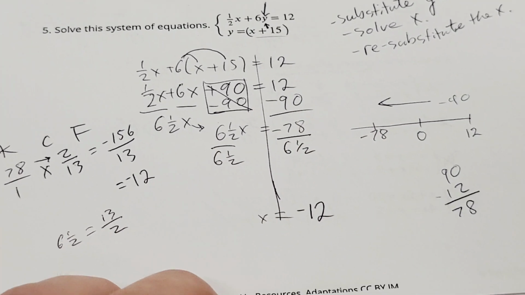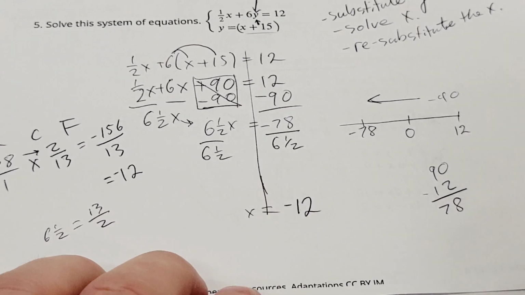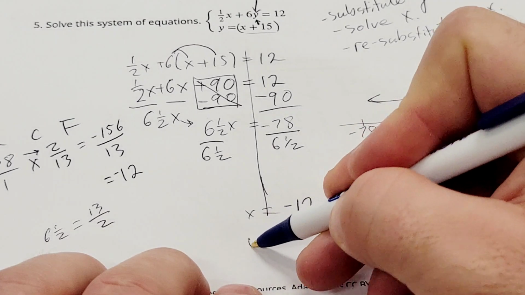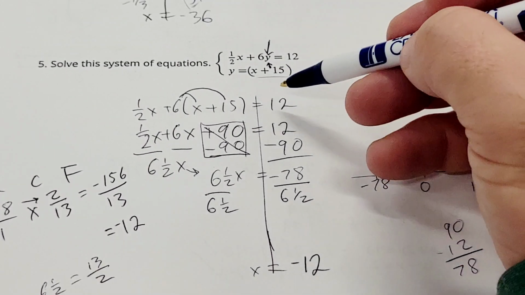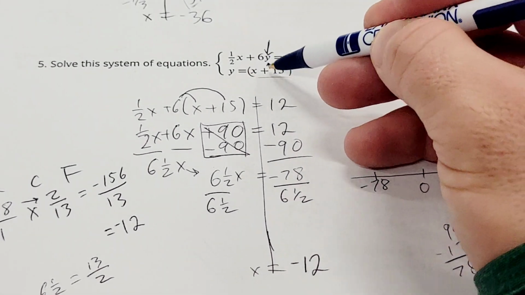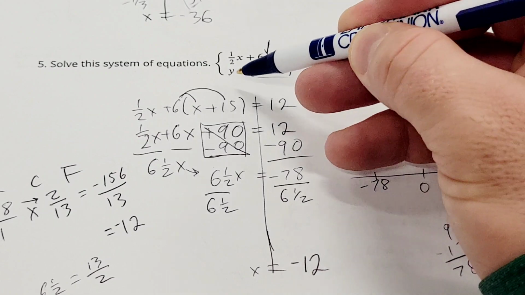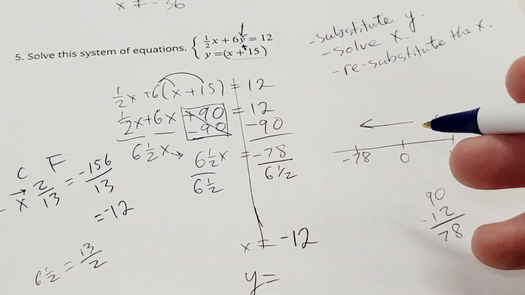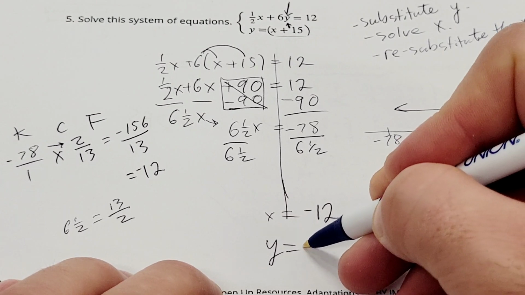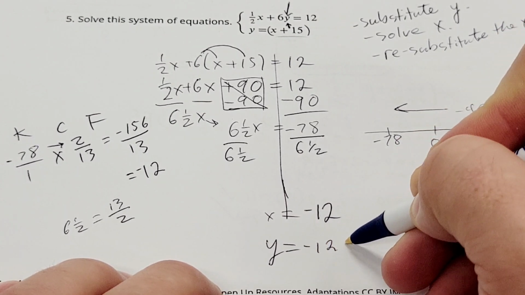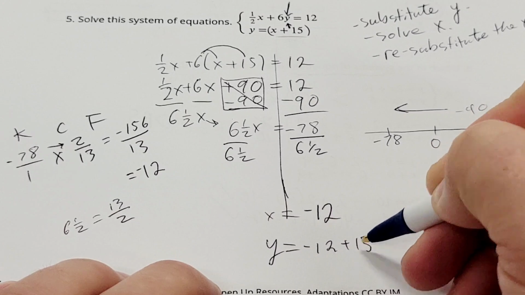Okay, I wish we were done then, but we're not, because I also need to figure out an answer for y. Y has to equal something too. So I go back up to either of my equations, probably the one that looks a little bit more simple, like y equals x plus 15. So y equals x, which is negative 12, plus 15.